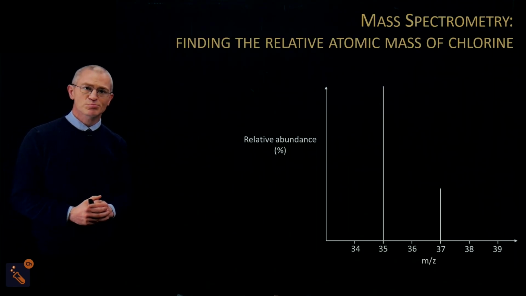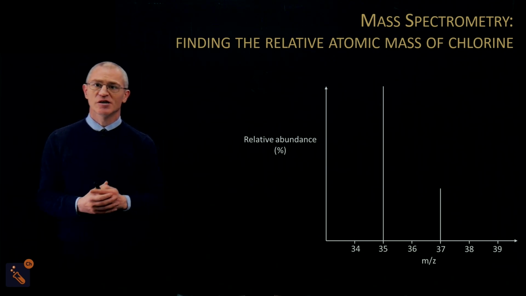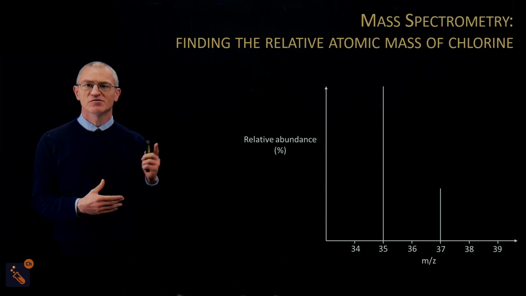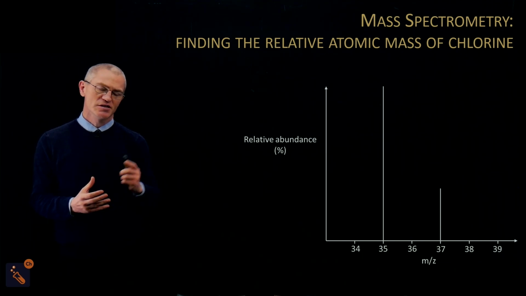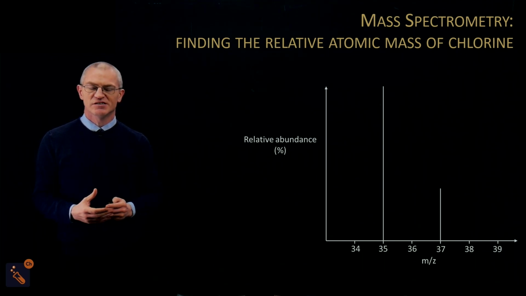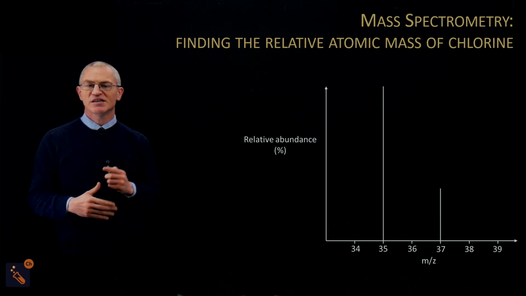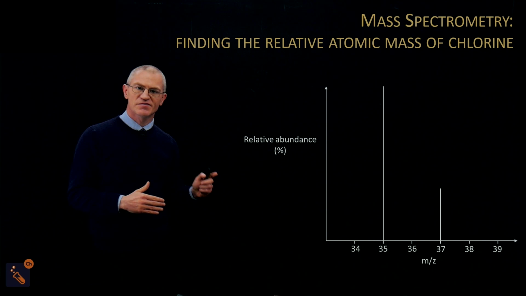Now, the final type of question on this is finding the relative atomic mass of chlorine using something called mass spectrometry. Mass spectrometry is basically an analytical piece of equipment, which means that you can find out the relative abundance of different isotopes.